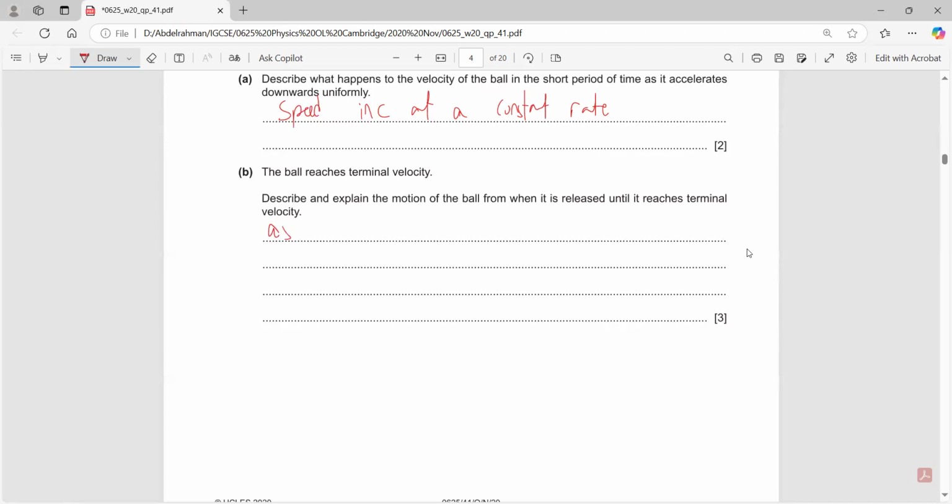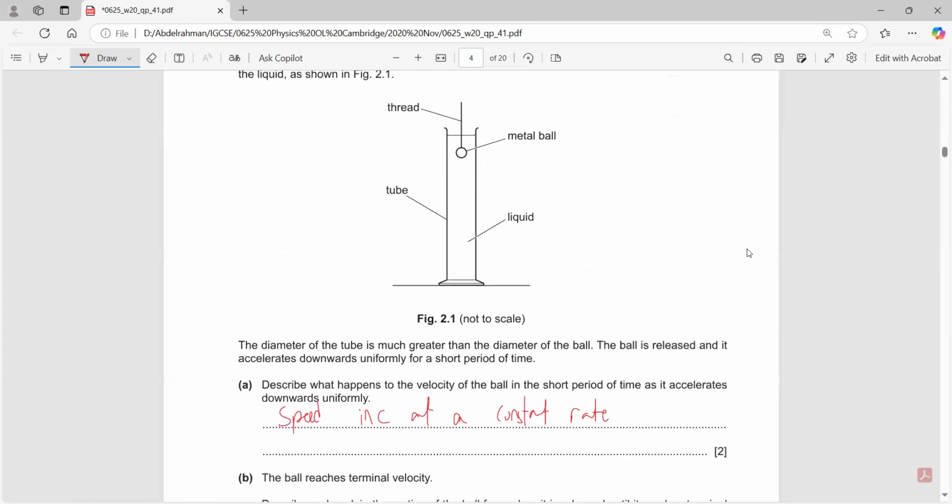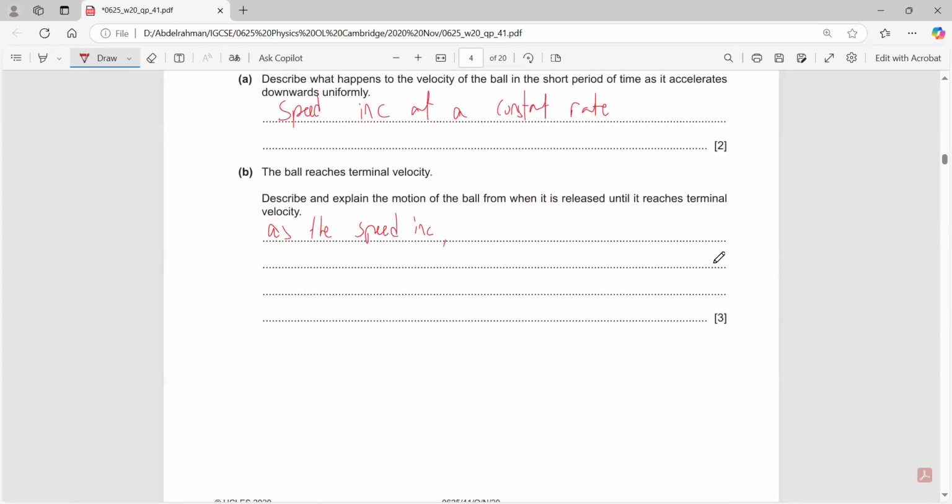As the speed increases, the resistance due to the liquid increases. It's falling in water, I guess, or some liquid. In air we call it air resistance, in water water resistance, in any liquid we can just call it drag.